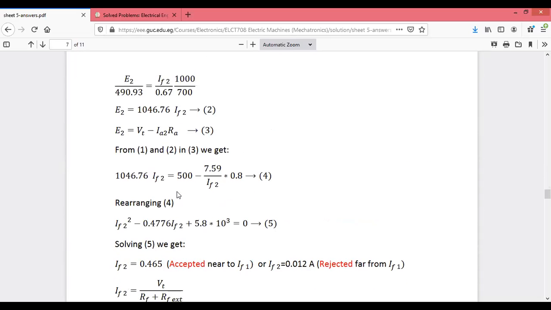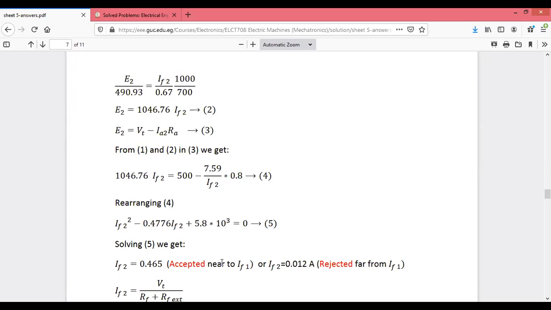You will get the value of IF2 here. When you rearrange those equations and solve, you will get IF2 equal to 0.465 ampere. If you solve this quadratic equation, you will get two roots: IF2 equal to 0.465 or IF2 equal to 0.012.